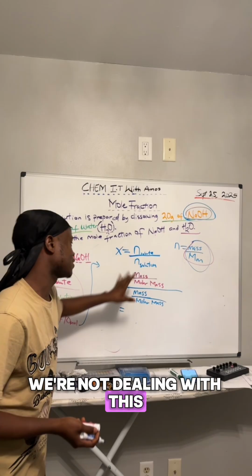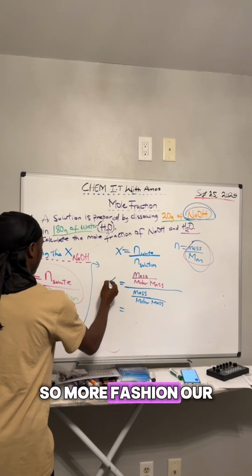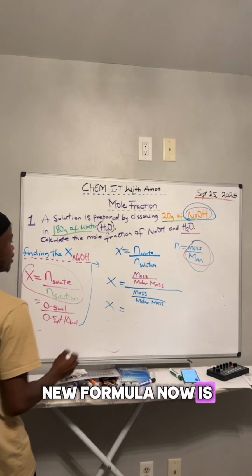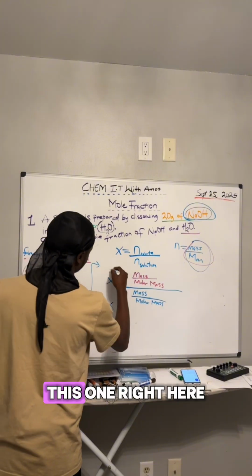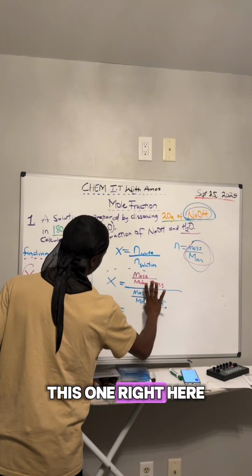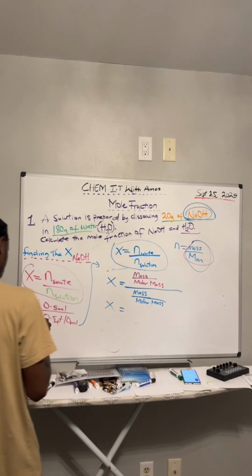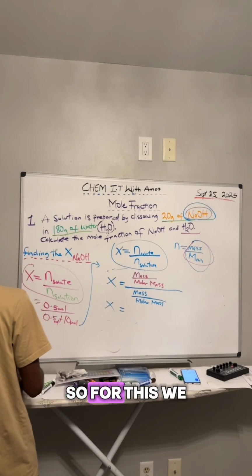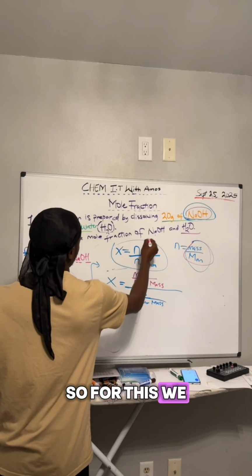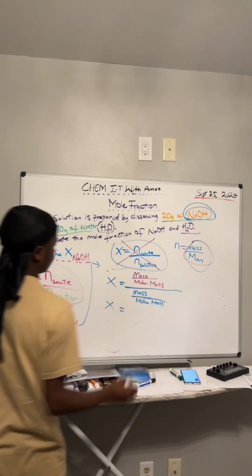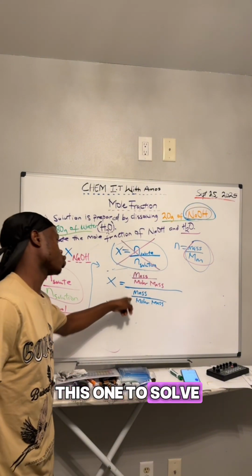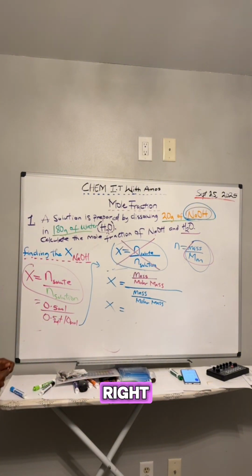We're not dealing with this. So mole fraction, our new formula now is this one right here, not this one any longer. So for this, we are not using this again. We are not using this one to solve, right?